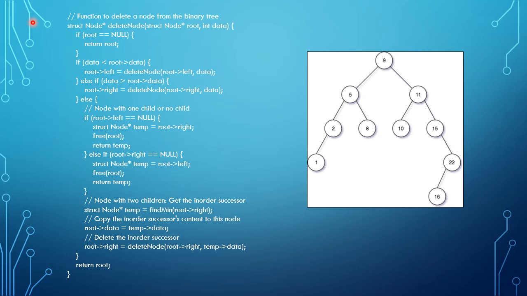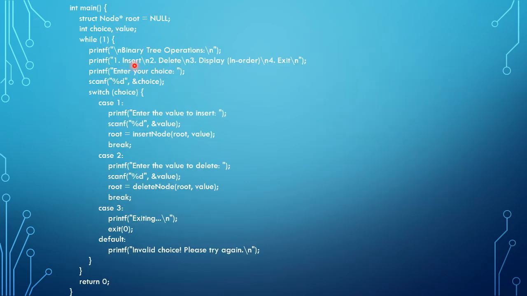So coming on to the main function. First, we iterate a while loop infinite times, the infinite loop. That means we are giving full freedom for the user to enter the data any number of times, that is, user defined times.